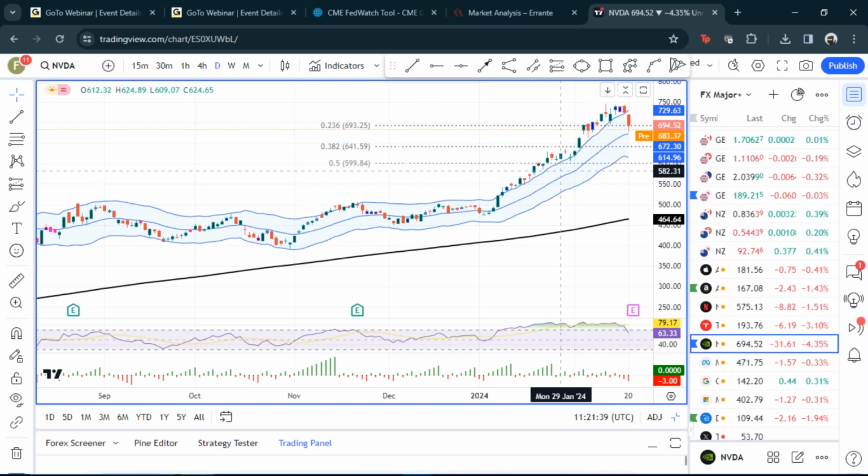Well, it's a bit lower than that. So 694, a 10% move lower would be 625. That would be below the 38.2, which is at 641.